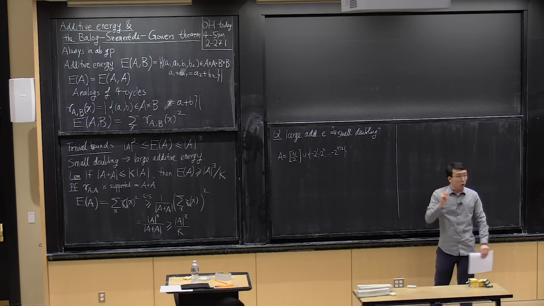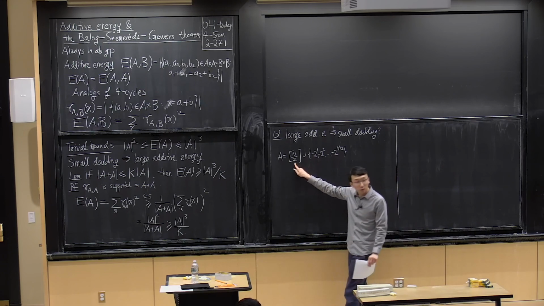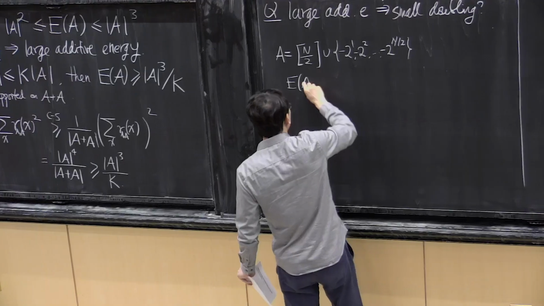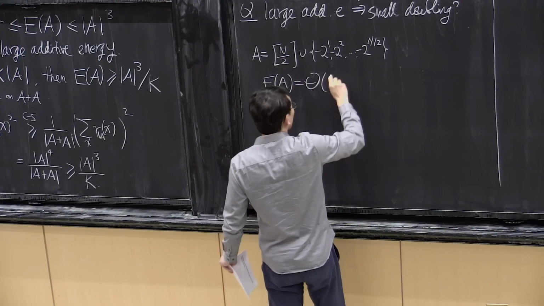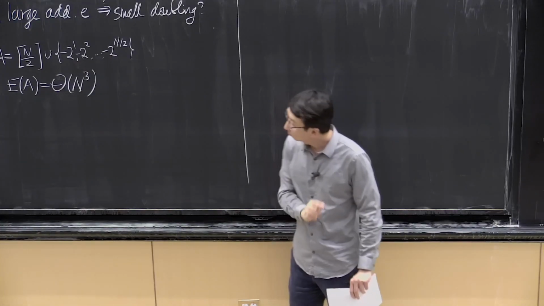Then it has large additive energy, just coming from this interval itself. So the energy of A is order n cubed, where n is the number of elements.